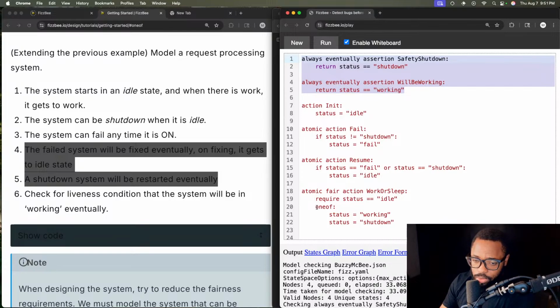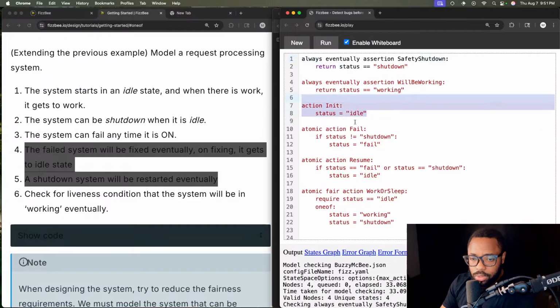Because there is a universe where it always picks one of these and not the second one, in which case one of these will be violated. At least just looking at these two for now. So one thing that we know is that we start off with idle. If none of these actions run after a while, at some point this action will run because of fairness.